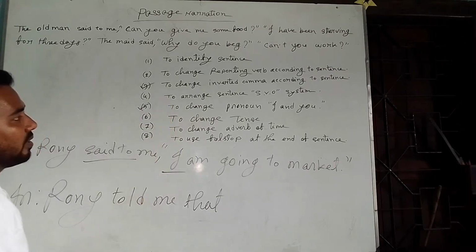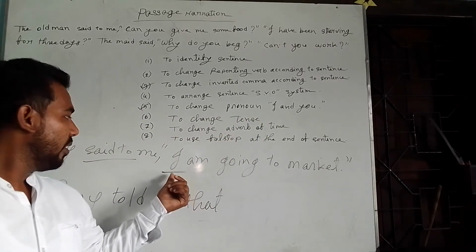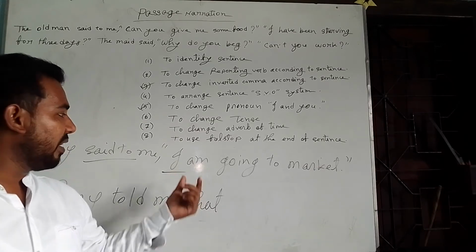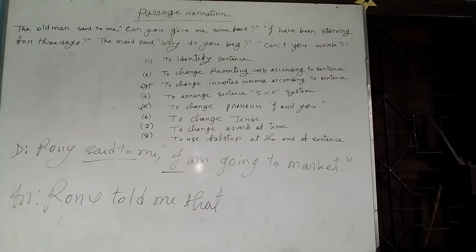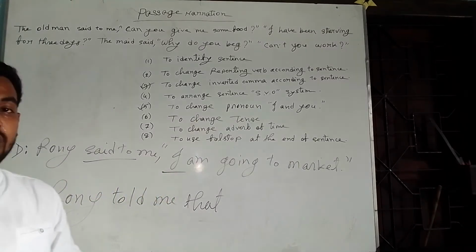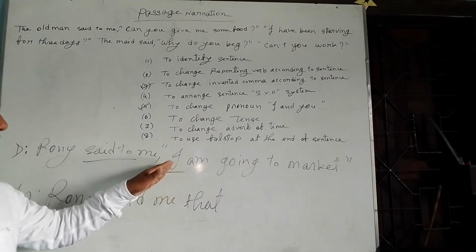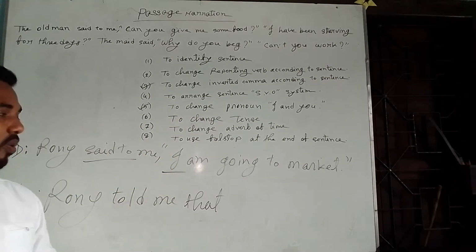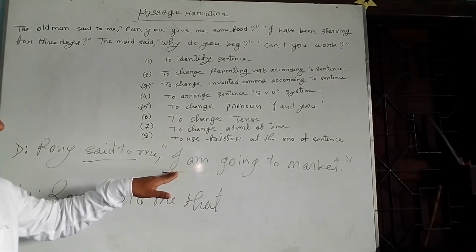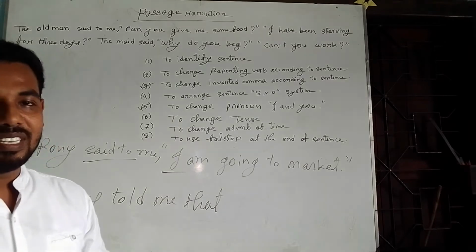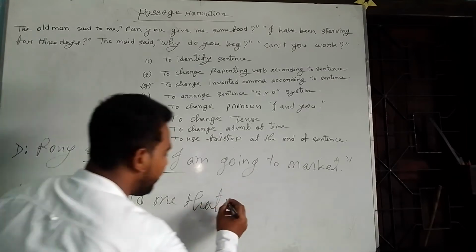Number 5. To change pronoun I and you. Here you can see pronoun I is used at the beginning of the sentence. So I will follow reporting verb subject because I is the first person. You is the second person. If this given you, so you always follow me. But here subject I is used. That is why I will follow Ronnie. Ronnie pronoun will be he.